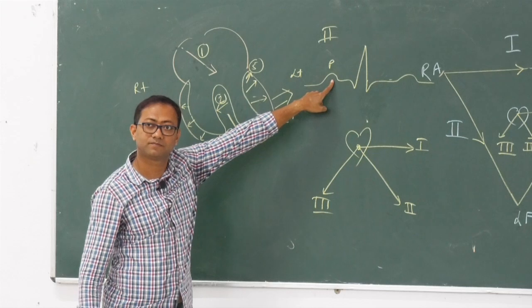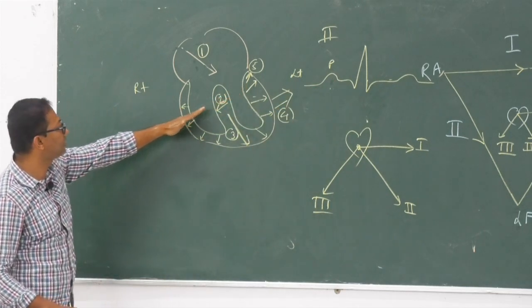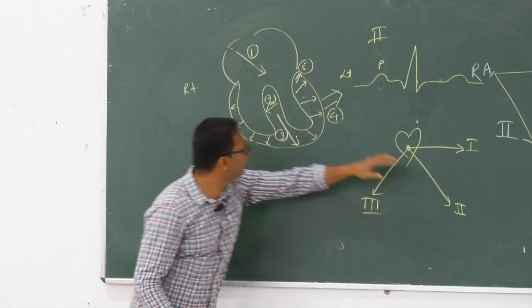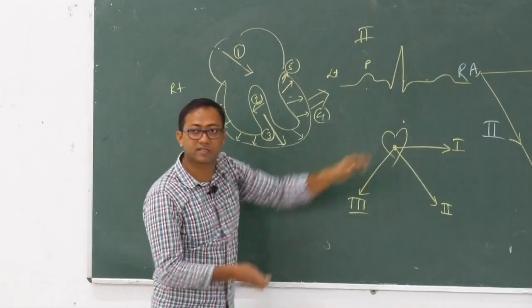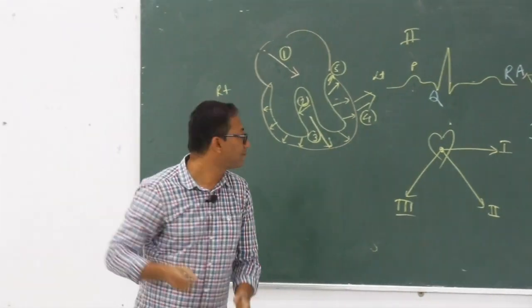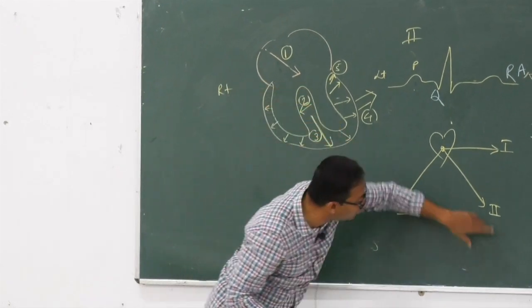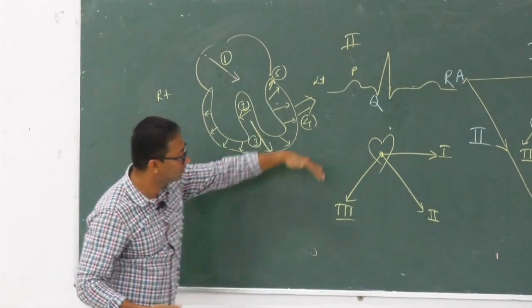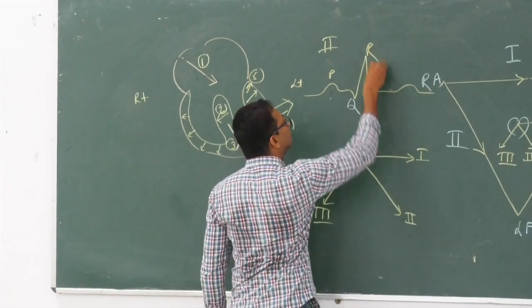Getting my point? Second vector, septal depolarization. Here is lead 2. It is moving away from lead 2. So it will take a negative deflection. Q. Here, third vector, apical depolarization, moving towards it. So you get a positive deflection.